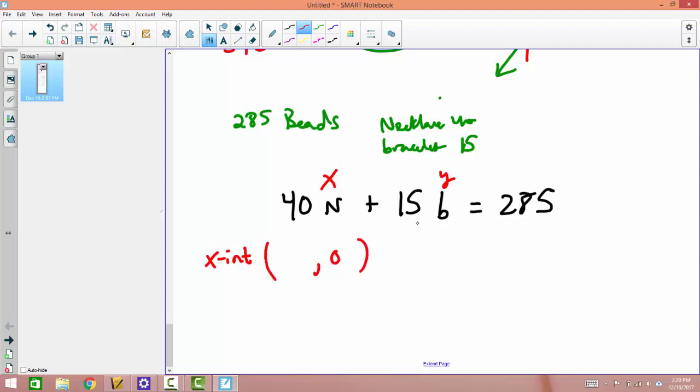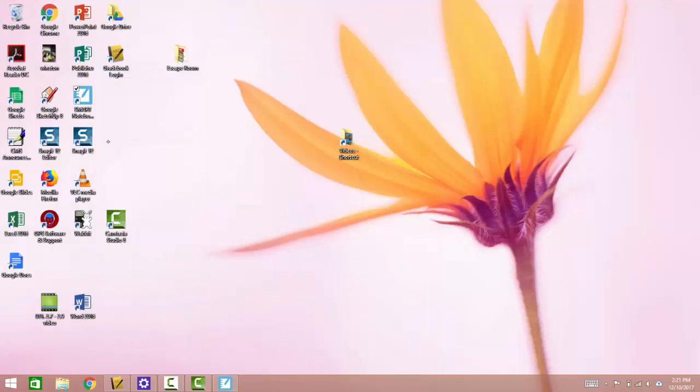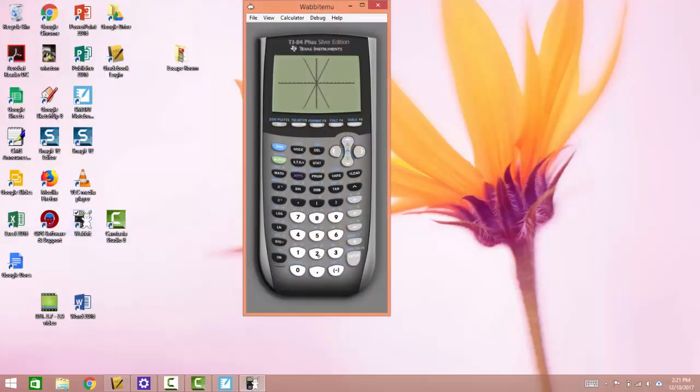So if you plug 0 in for y, you would have 40n equals 285, and then 285 divided by 40 would be, let me grab my calculator, 285 divided by 40. 7.125.